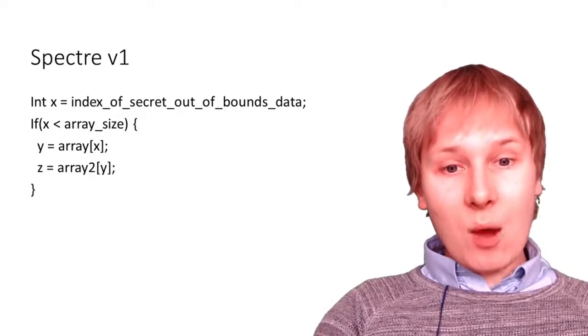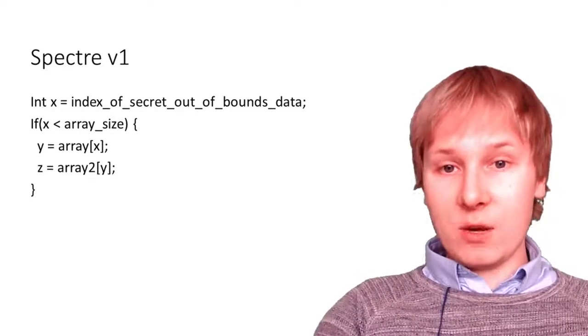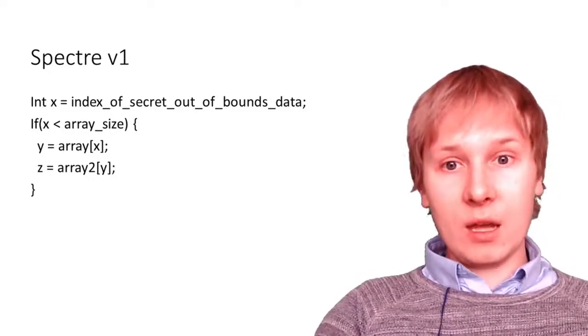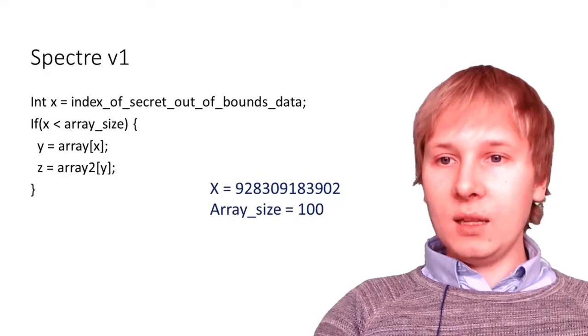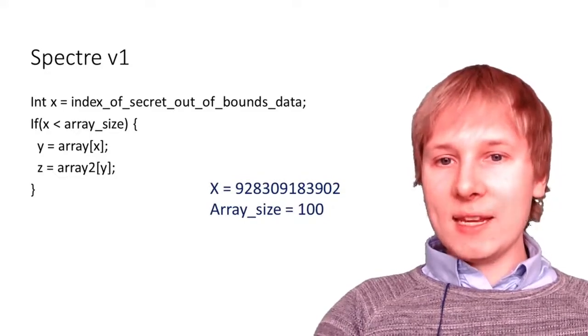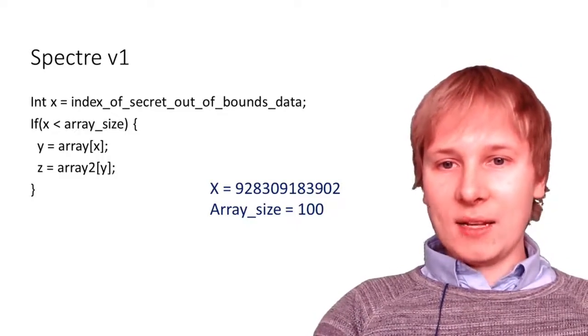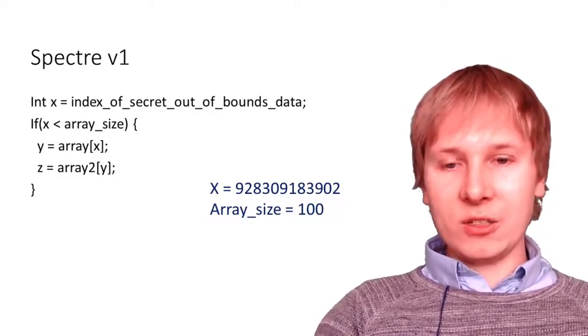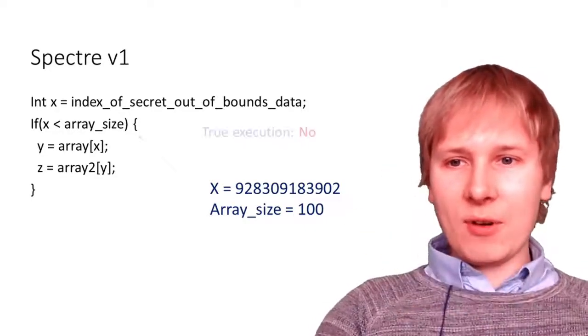So the way that works is that we've got some code like we have here. This is a V1 gadget on the branch predictor. Let's say that to this code, we give the following inputs: X equals 928, and the array size is 100. Well, clearly that's outside of the bounds, so this branch will never happen, right?